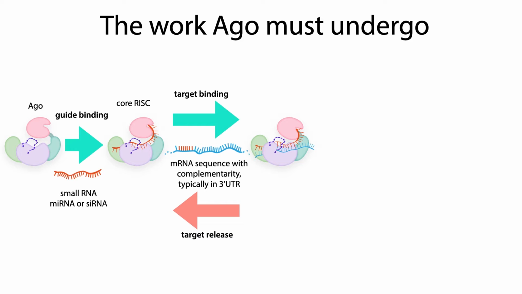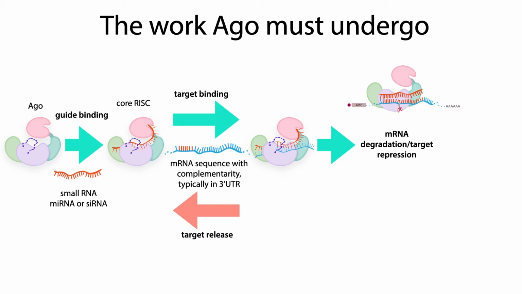After binding, AGO is able to, alone or with the help of cofactors, induce mRNA degradation and target repression. We can do this in a couple ways, depending on the amount of complementarity. Humans have 4 Argonaut proteins, and our main Argonaut protein, AGO2, is able to slice fully complementary targets. So it's able to actually cut them, and this exposes raw ends for exonucleases to chew the RNA away.